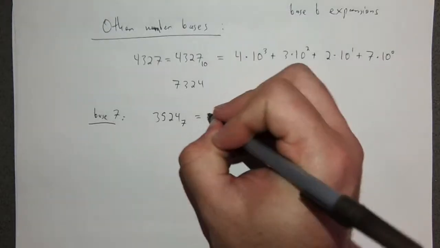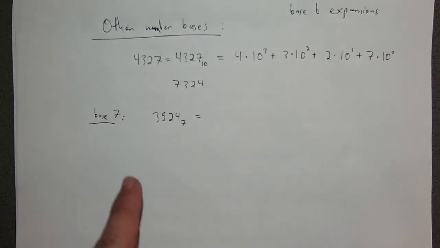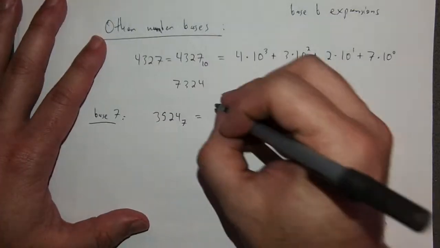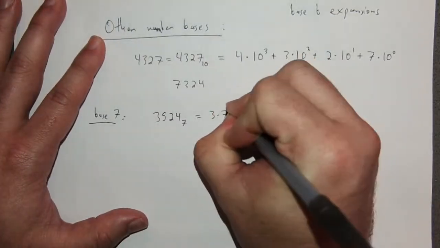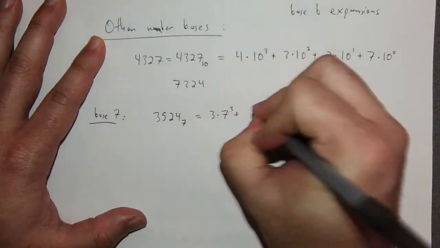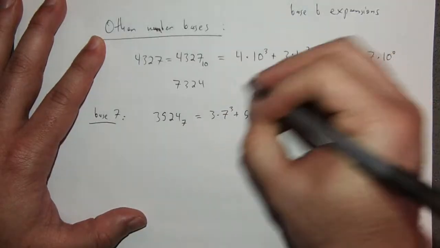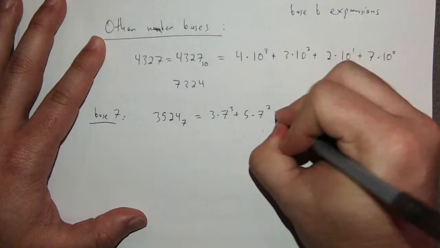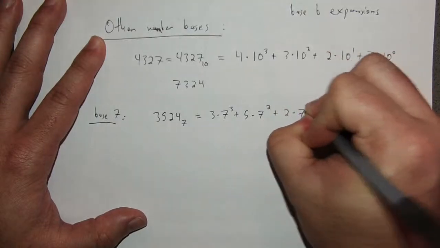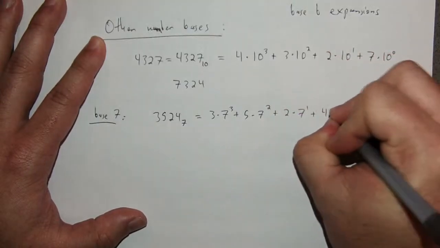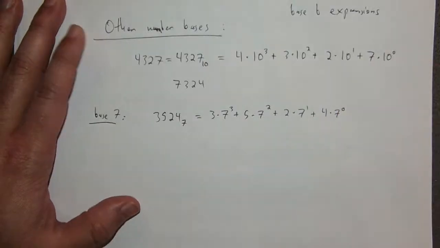So if I wanted to figure out what number in base 10 this is, how would I do that? In base 7, this is 3 times 7 cubed plus 5 times 7 squared plus 2 times 7 to the first plus 4 times 7 to the 0th power.